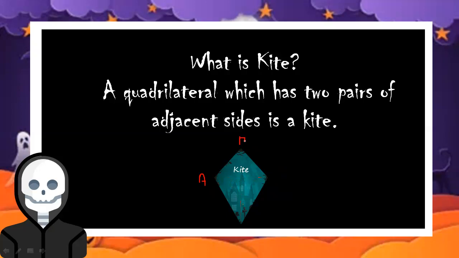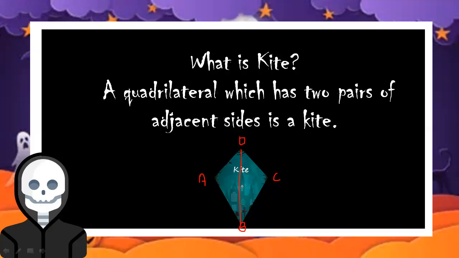So now let's move on to the other property. The next one is, in the above figure, diagonal BD bisects angle B as well as angle D. As I've already told you about the diagonals, this is the diagonal BD.